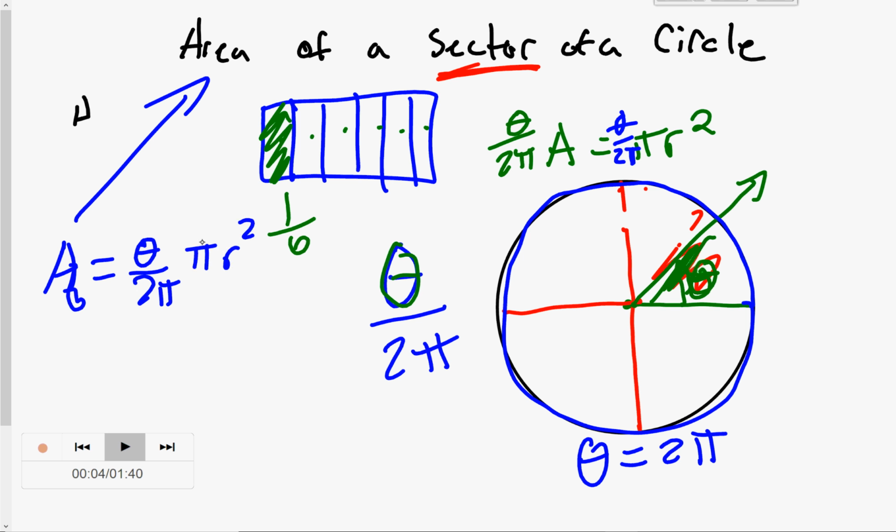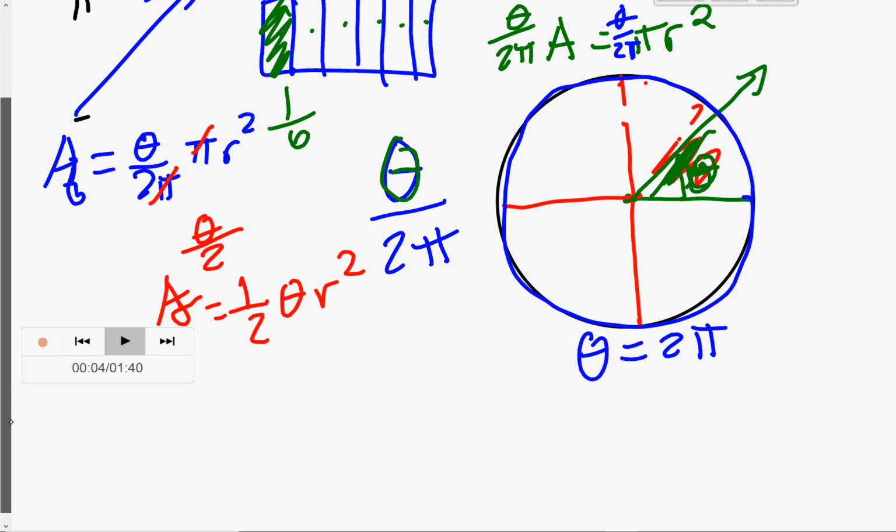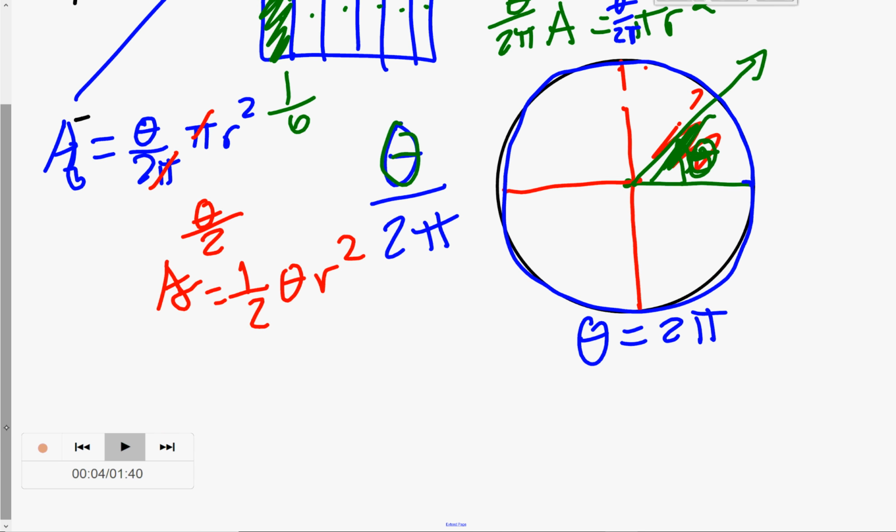Well, my pi's will cancel, and my theta is just my theta, and so I get theta over 2, which is the same thing as 1/2 theta r squared. And that's the area of a sector. So that's how I find my formula for area of a sector: 1/2 my theta times r squared.